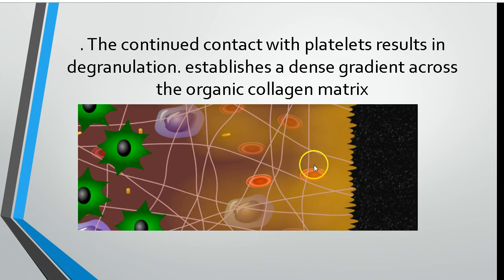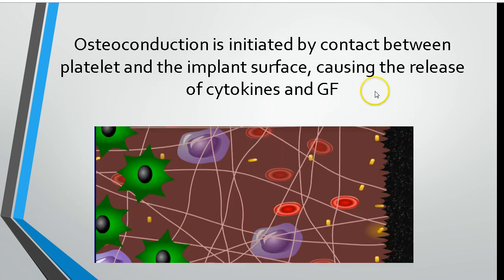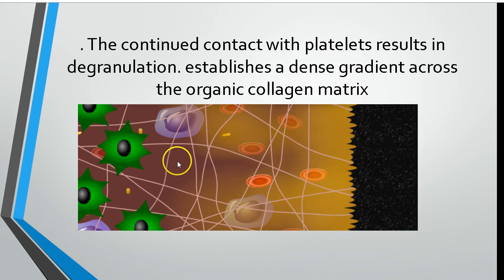And once they're attached, the platelets degranulate and basically release cytokines and growth factors, and it creates a gradient difference. So now you see right next to the implant where all the platelets were, there's a strong gradient of these cytokines, versus where the mesenchymal cells were, there is none.